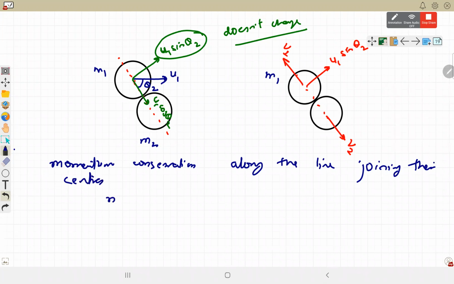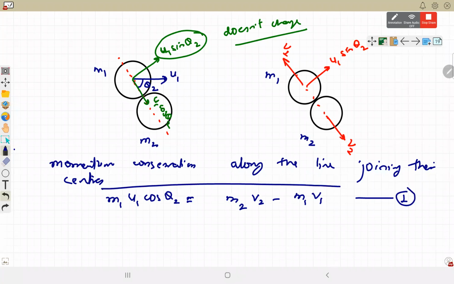Initial momentum is m1 u1 cos θ2. Final momentum is m2 v2 minus m1 v1. दूसरी इक्वेशन जो थी velocity of approach is velocity of separation. This is a second method of doing the same question but with a different approach.